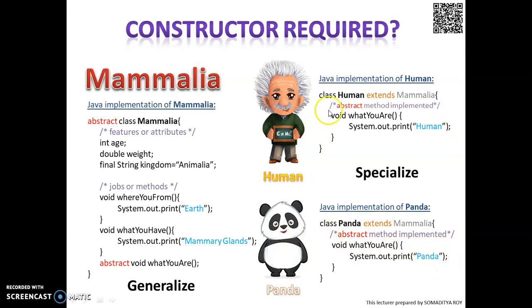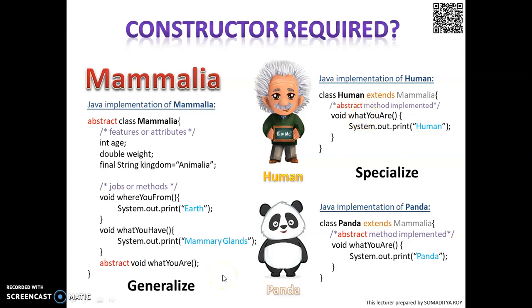So once panda and human both extend Mammalia, they get all the properties from this superclass, including this abstract property, but they implement this abstract property as per their requirement. So we can say the class panda and class human, both of them are concrete classes because this abstract method is properly implemented.